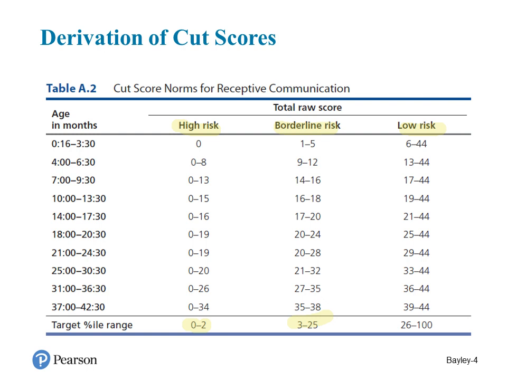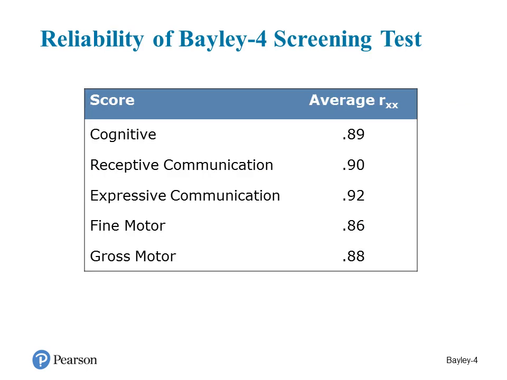Now, the other thing that was important as we were developing this tool is to think about the reliability of the tool. When we look at the average internal consistency reliability for the Bayley-4 screening test, we present in the manual also by age group, so you could see for each of those age ranges.